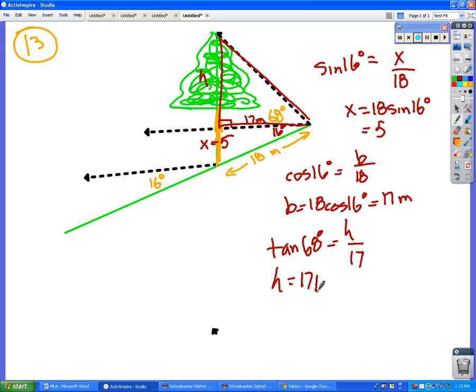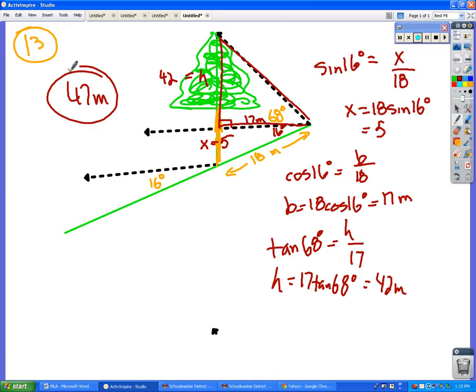So h is equal to 17 times the tangent of 68, or 42 meters. And so if this piece right here is 42 meters and the other piece is 5 meters, altogether the tree is about 47 meters tall. Okay? Man, that's a lot of work.